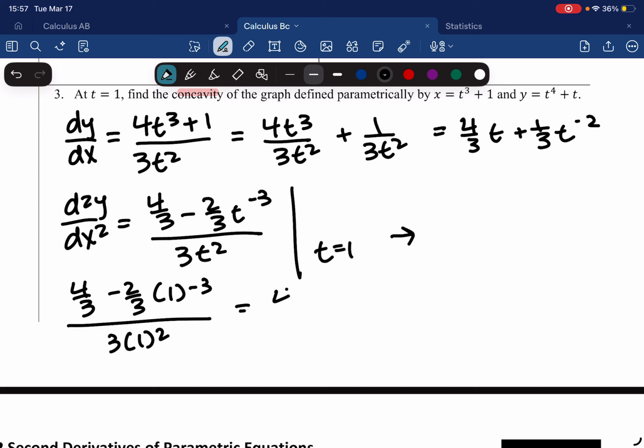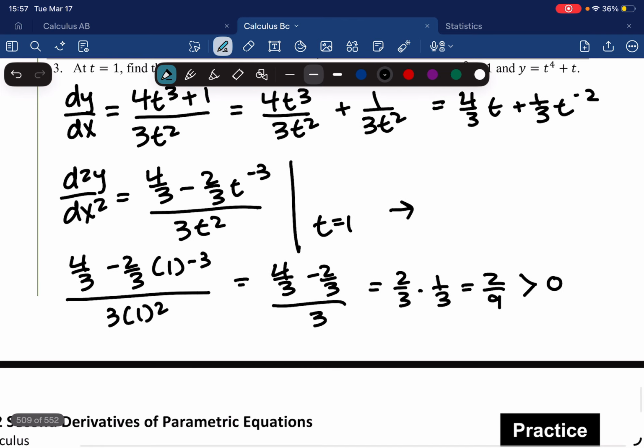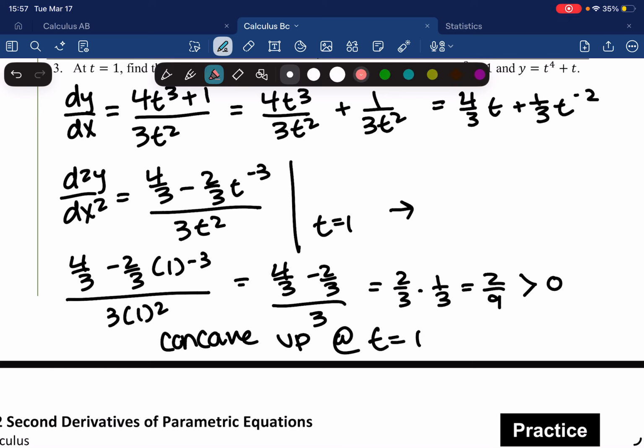This is equal to 4/3 minus 2/3 over 3, which is 2/3 times 1/3, which is 2/9. And since 2/9 is greater than 0, we would say that this is concave up at t equals 1. And that would be our answer.